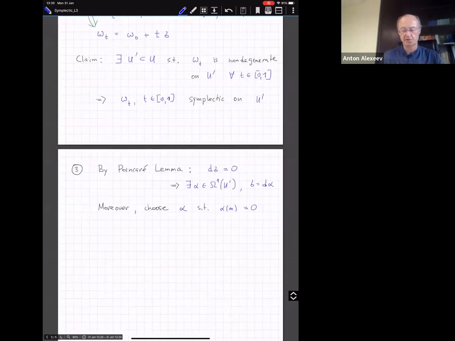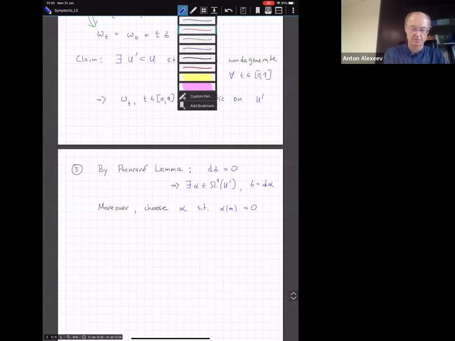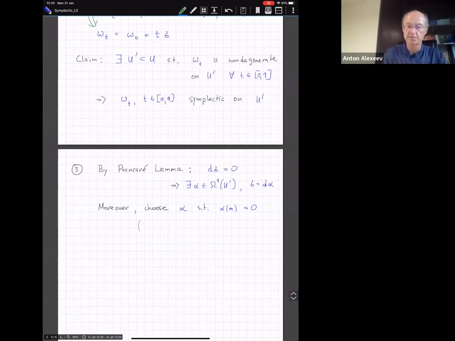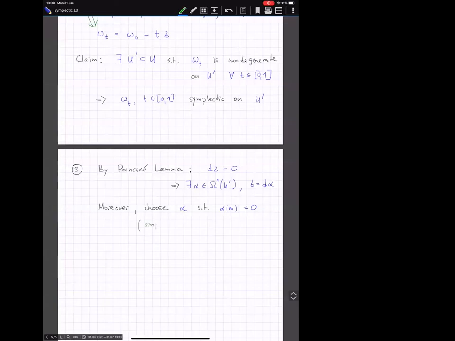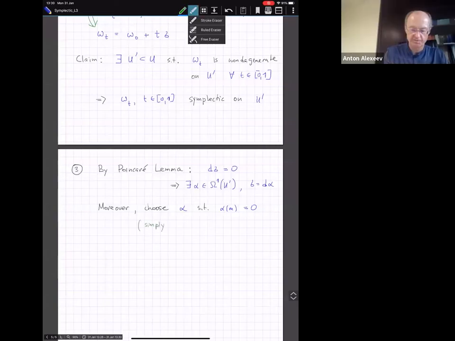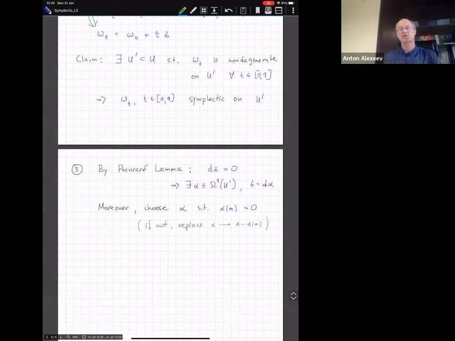Why can I choose the primitive alpha such that its value at m is 0? You can just shift it by a constant, for example. Yeah. So if not, we can simply replace alpha by alpha minus alpha of m. The differential of a constant one-form is 0, so it would do. So we can, without loss of generality, assume that alpha vanishes at m.